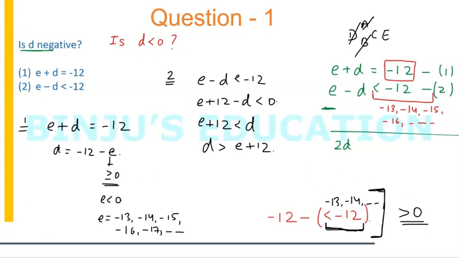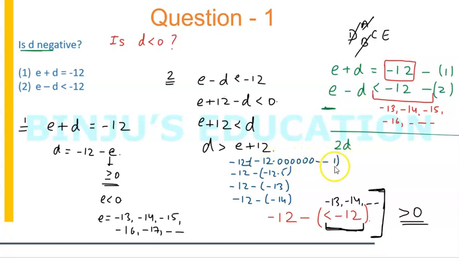Let me give you an example. What I'm actually doing here is minus 12 minus of minus 13. Minus 12 minus of minus 14. Minus 12 minus of minus 12.5. Minus 12 minus of minus 12.00000, you can write 0 thousands of times and then 1.